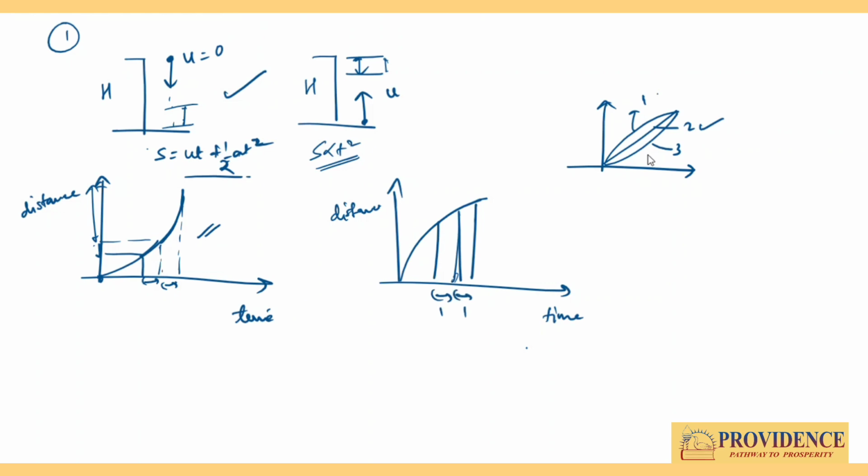For this particular case, the velocity has increased this much, but for this particular case the velocity has decreased. I mean, the distance covered has only increased by this much. That means as it is reaching its maximum height, the velocity has come down quite a lot. So during the last moments of its journey, it will cover very little distance with such a nominal value of velocity, isn't it?